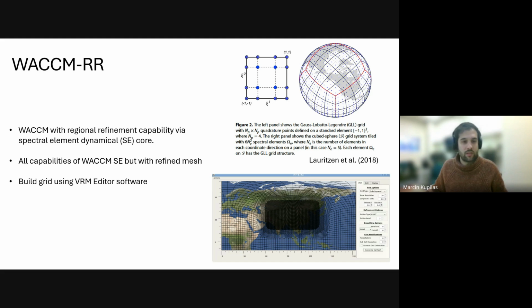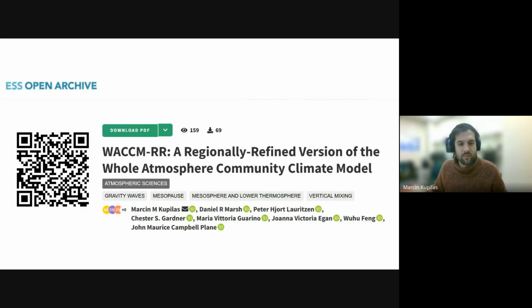The grid is built using the VRM editor software, and we've tested various things here in Leeds, and happy to shamelessly plug that we've had the acceptance of our recent paper, which shows WACCM-RR results over the contiguous US using the CONUS grid. So you can find the open archive version of the paper from the QR code whilst it's currently in the acceptance stage.